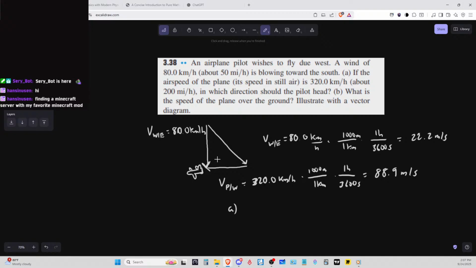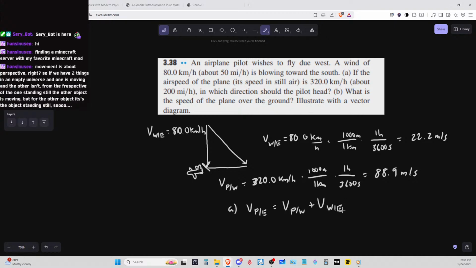So the equation we have is the plane relative to the Earth, and we don't know exactly what direction the plane should be taking, plus wind relative to the Earth.